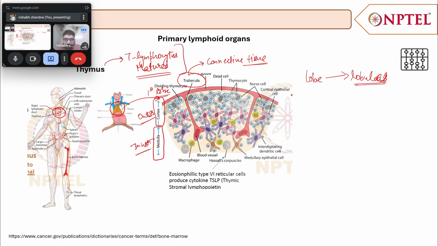Now, the cortex contains all the T lymphocytes that are basically dividing and immature.